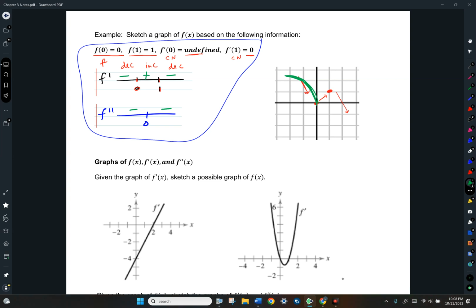And then this says from 0 on out, it's also concave down. Notice up here how it said the derivative was undefined at 0. Well, what does it look like on a graph if the derivative is undefined? Doesn't that mean there's a sharp turn? So that must mean there's a sharp turn right here at 0.